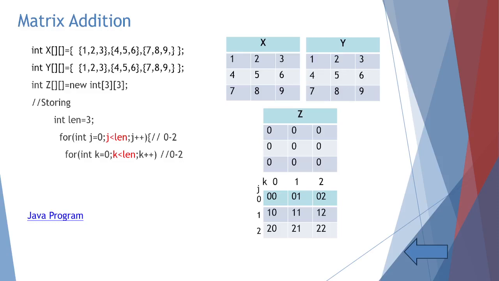So 0, 0, 0, 1, 0, 2. The first row is accessed. And then the second row, because j becomes 1. Every time we have one statement, x of jk plus y of jk must be added and then stored in z of jk. Now let's see the same program in the Java environment.